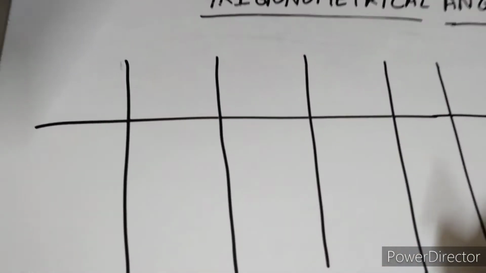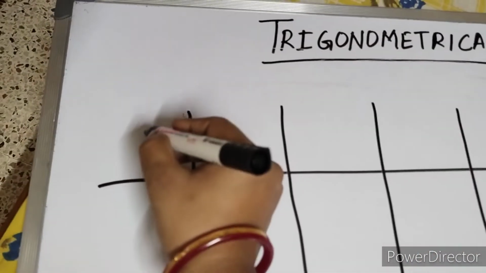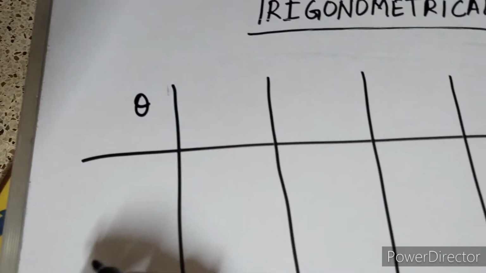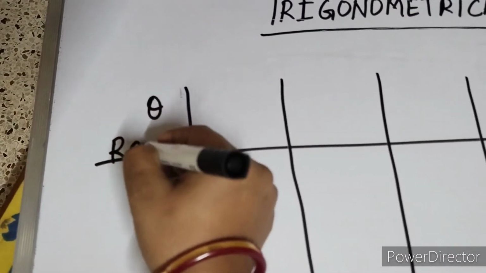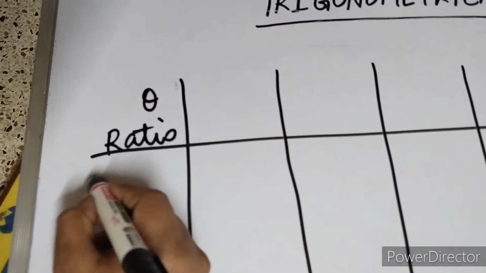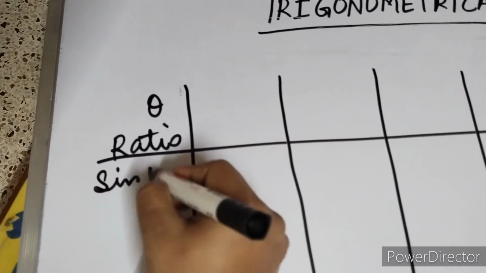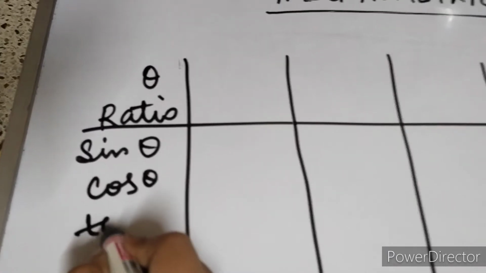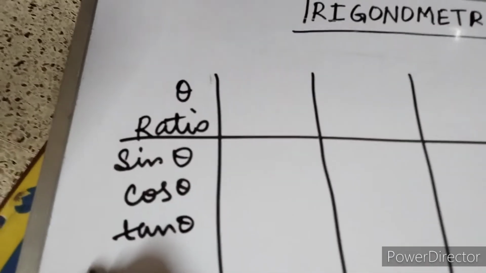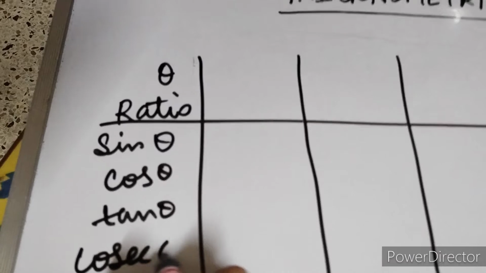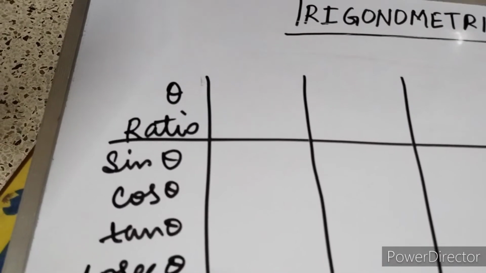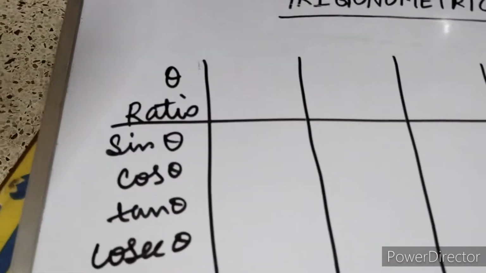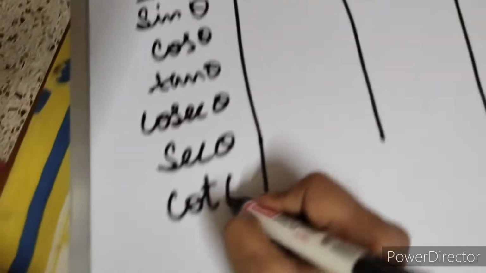Okay, so now these are the angles theta, and here the ratios we will write, like sine theta, cos theta, then tan theta, sin theta's reciprocal cosec theta, cos theta's reciprocal sec theta, and tan theta's reciprocal is cot theta.